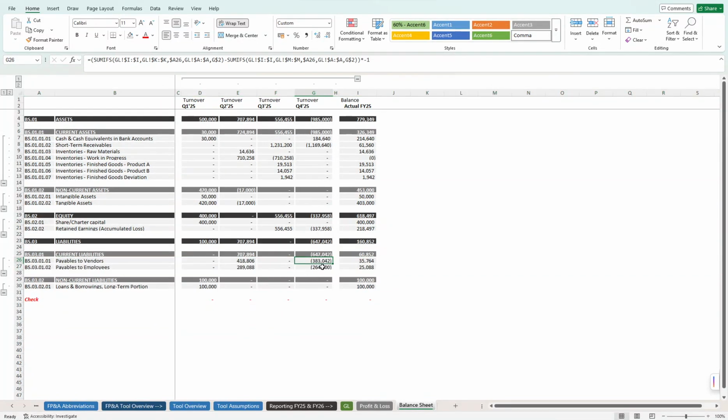But here we will not be able to see exactly the same numbers as we see under P&L, because in quarter 4, if you remember from the previous lesson, there was also a payment, like a final settlement between the company ABC and this payable to vendors and payable to employees.